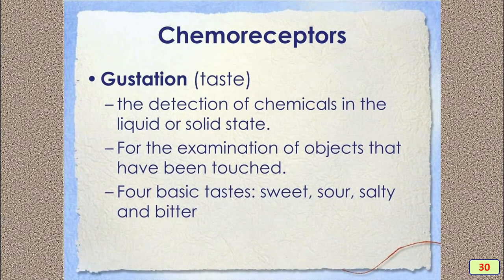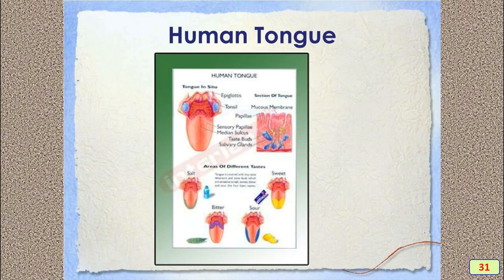For examining objects that have been touched, four basic tastes are there: sweet, sour, salty, and bitter. Usually sweet is sensed very fast in some animals, but the sensitivity changes from one animal to another. Then the human tongue has tonsils, sensory papillae, the median sulcus, and taste buds present on the sides, the center, and the back.